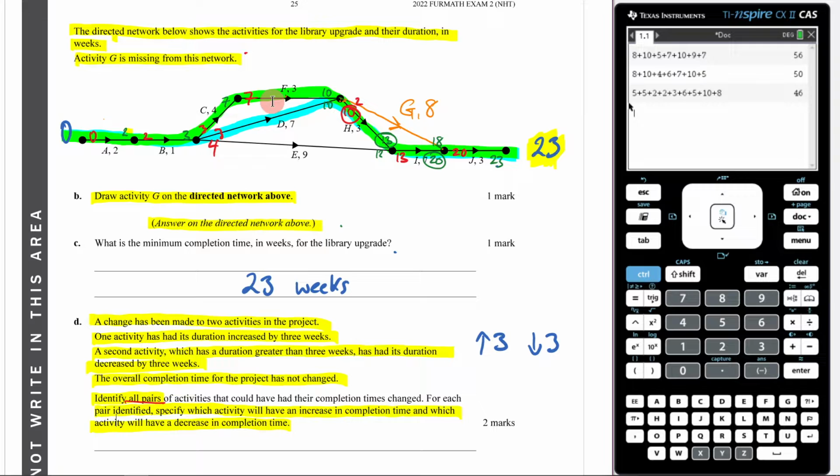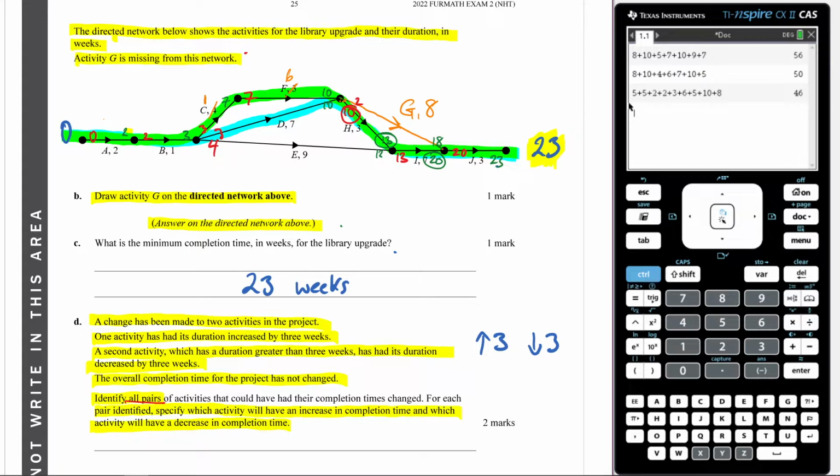So then I said to myself, well, what if I did this? I know that the second activity has a duration greater than 3 weeks and has its duration decreased. Well, what about 4? 4 is greater than 3. What if I was to decrease that by 3? So now it becomes 1. And then I would increase 3 by 3, so now it becomes 6.